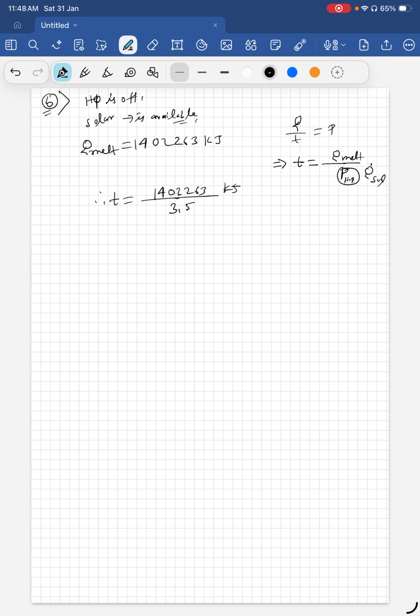Kilowatt means kilojoule per second. So kilojoule cancels, and the answer will be in seconds. And if you want to convert it into hours, then divide it by 3600, and you will get 111.3 hours.